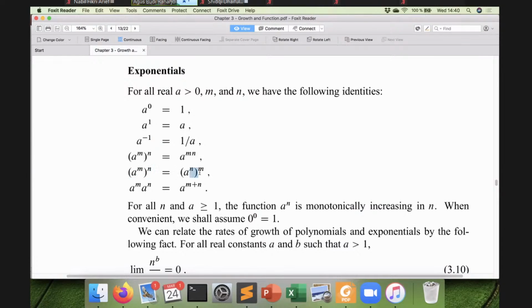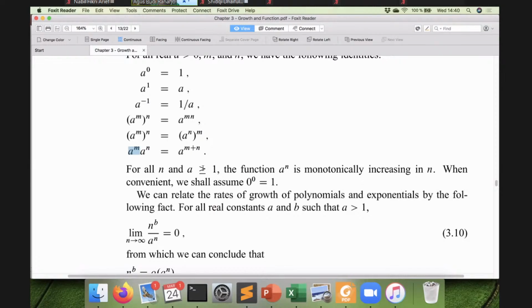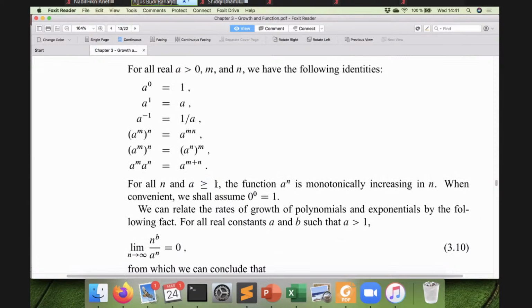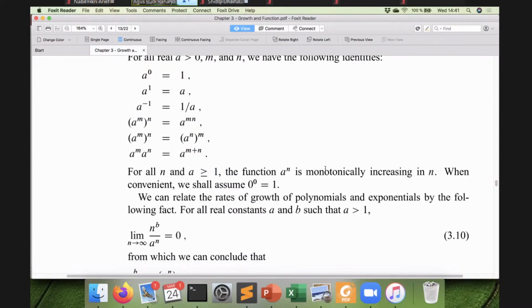It's equivalent to something like this, and this one is a to the m plus n. For all n and a positive, normally it's an integer, but actually it doesn't need to be an integer, it can be real, but greater than or equal to 1. Monotonically increasing in n.